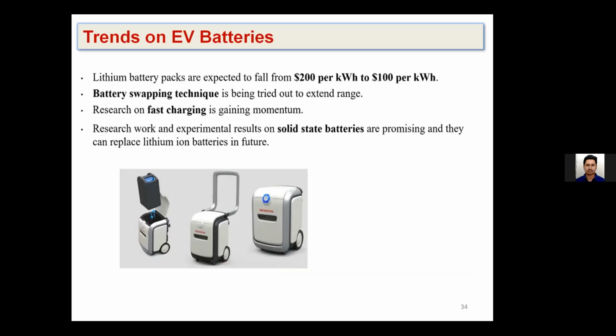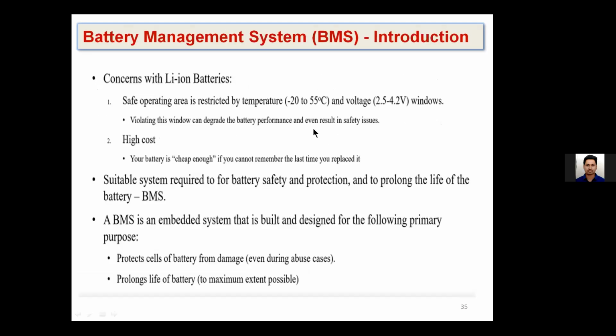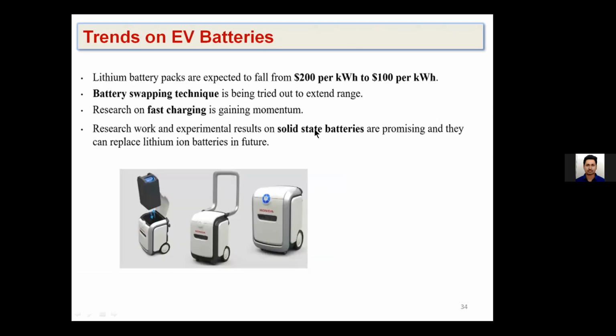This is one technique, which is based on solid state batteries, a promising technology that may replace lithium ion batteries in future. The researchers are working on this technique, and it is even utilized by some companies like Ola and Uber for their basic customer transportation.